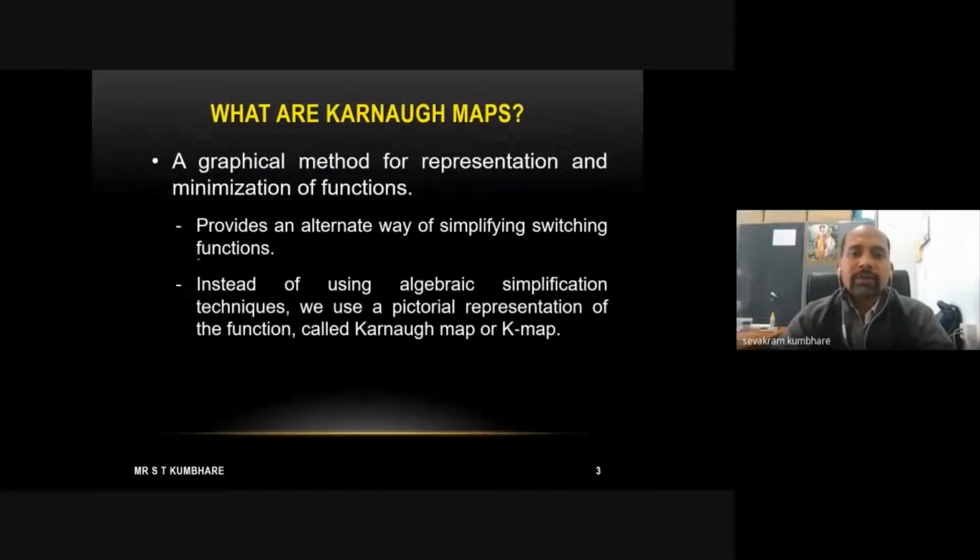Instead of using algebraic simplification techniques, we use a pictorial representation of the function called a Karnaugh map or K map. So basically this is a graphical way of simplifying the function.